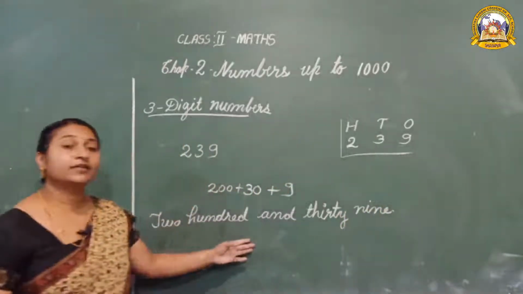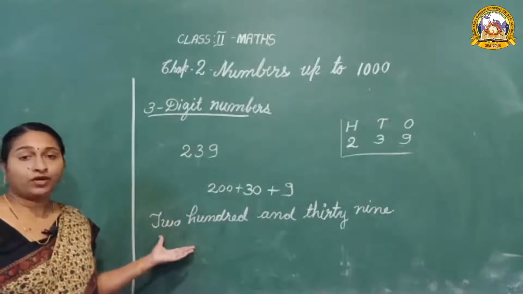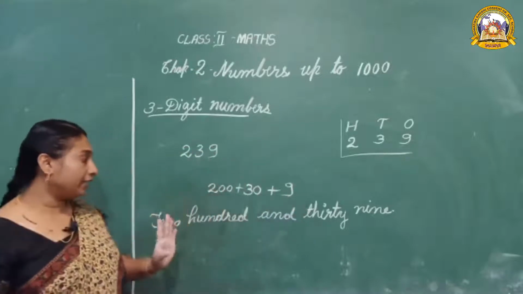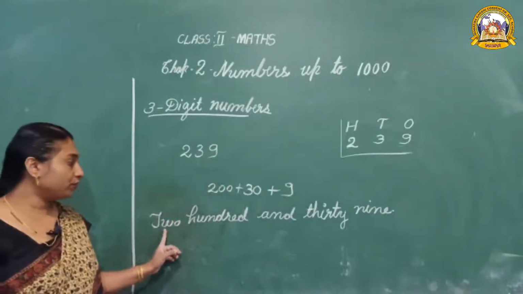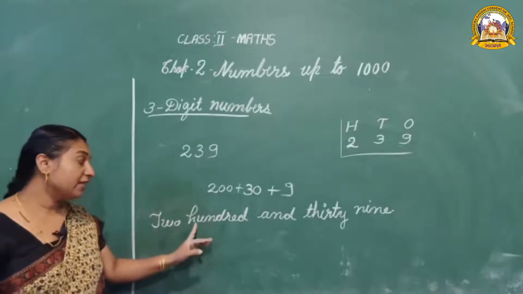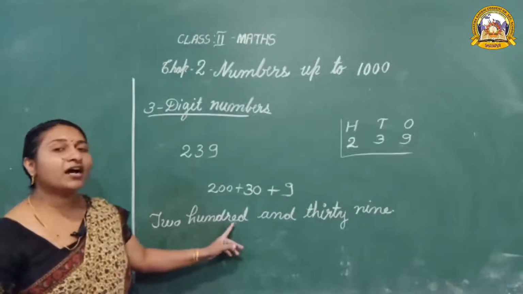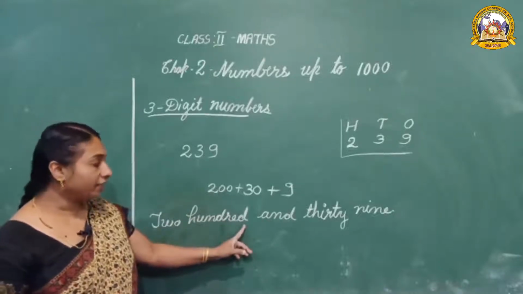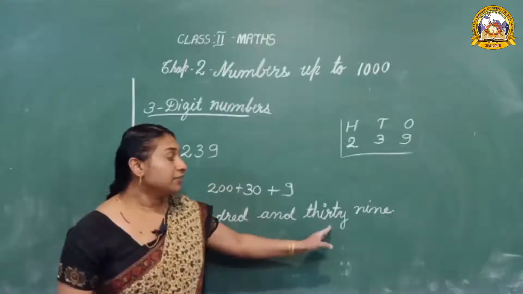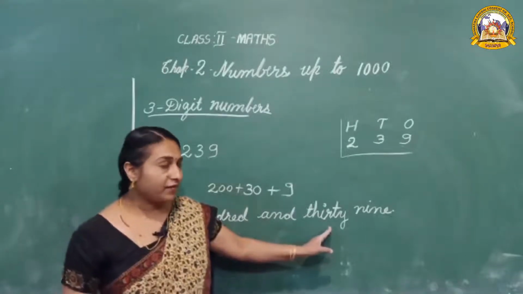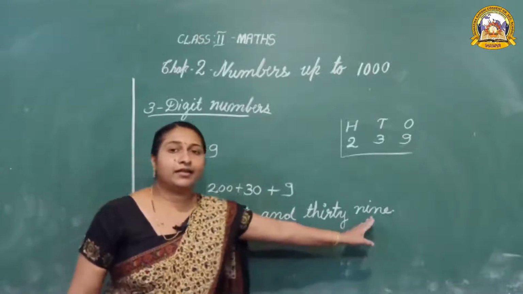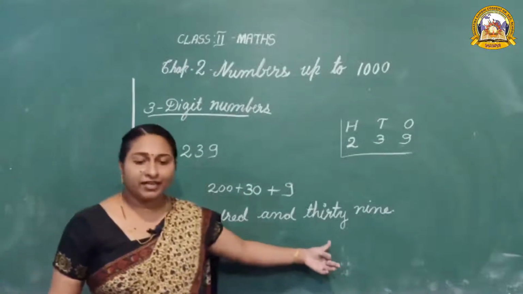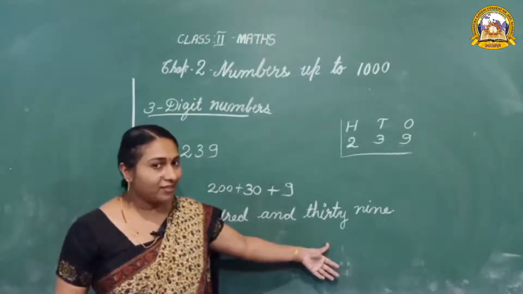These are the number names. 239: how do we spell 2? TWO. How do we spell 100? HUNDRED. Say HUNDRED. And 30? THIRTY. And 9, NINE. Two hundred thirty nine. Can you get it?